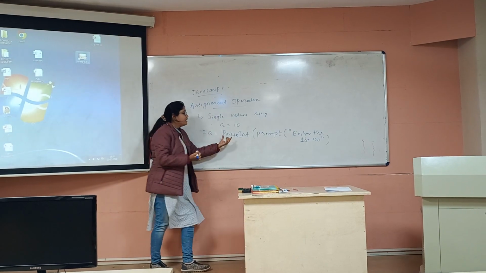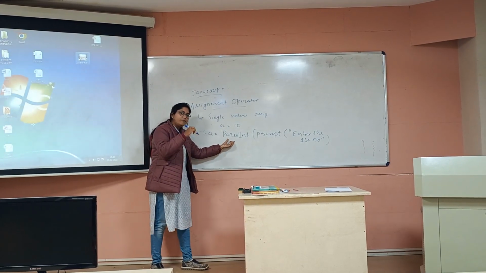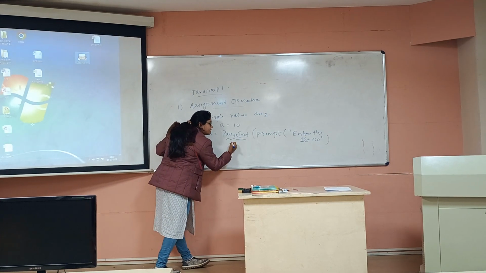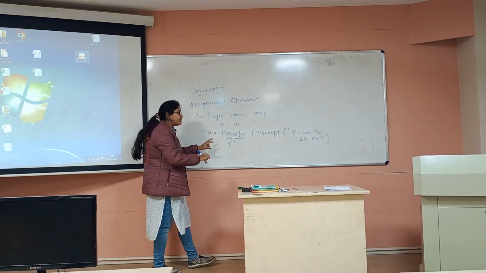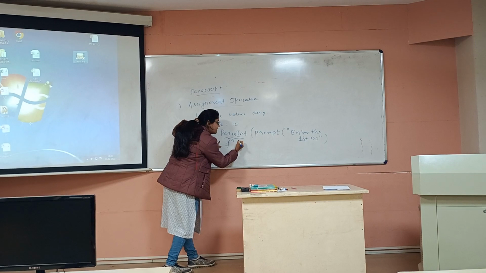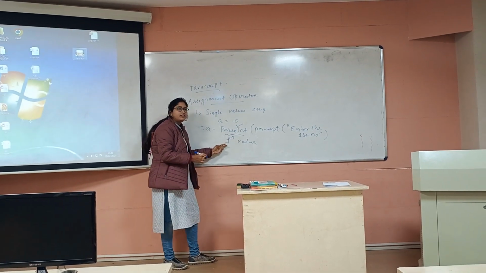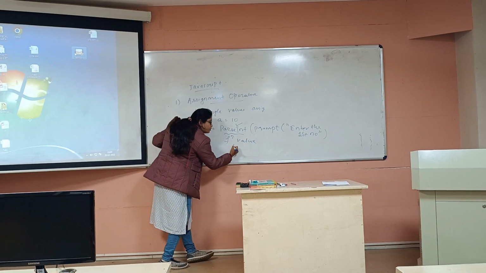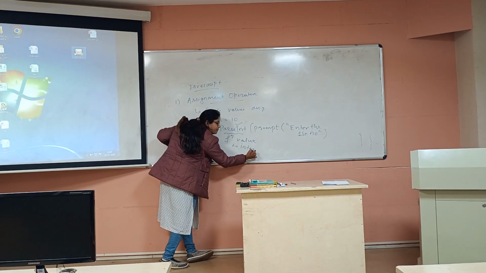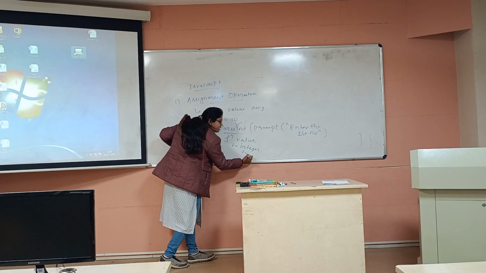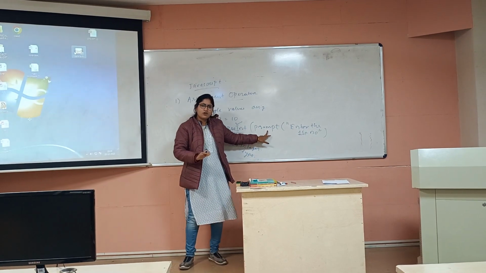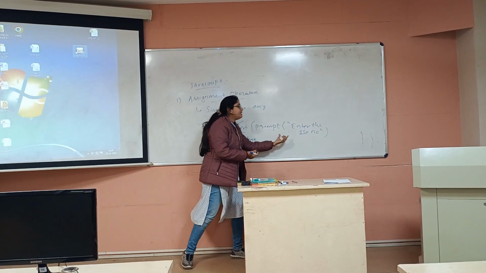That means here parseInt is called an inbuilt function. It is a function that converts the value to integer type. And here prompt is normally a dialog box which will take the number.